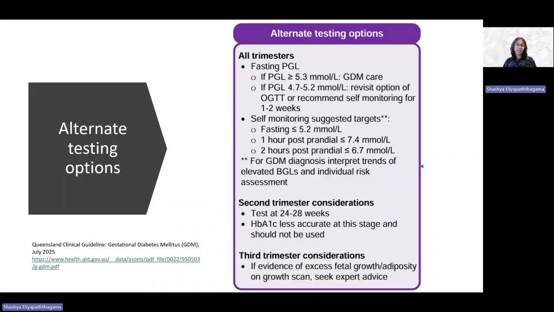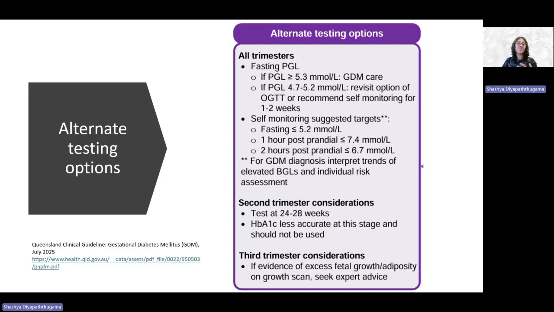I was talking about the oral glucose tolerance test, and there are other ways of measuring this as well. If you're more interested, you can go to this link and read further. This is a screenshot taken from this particular paper.